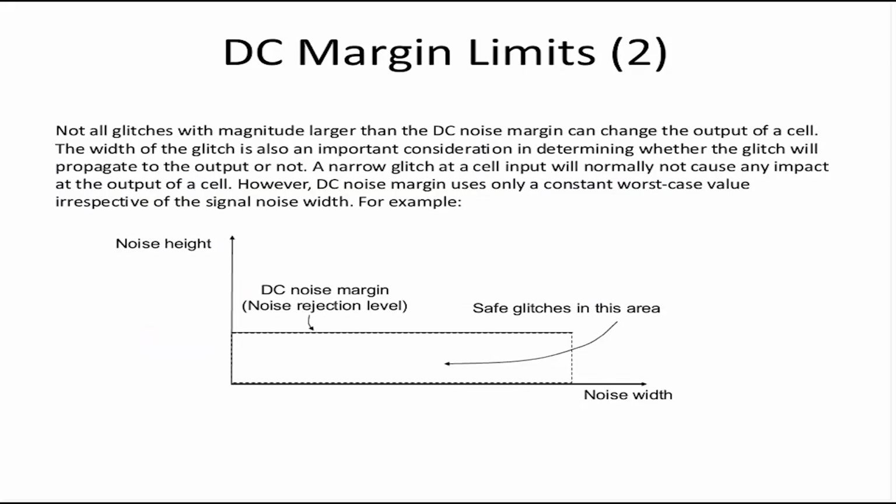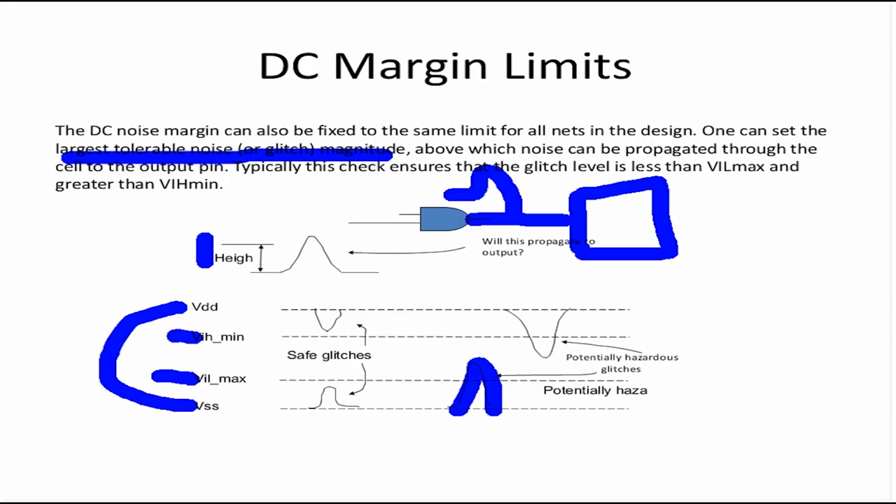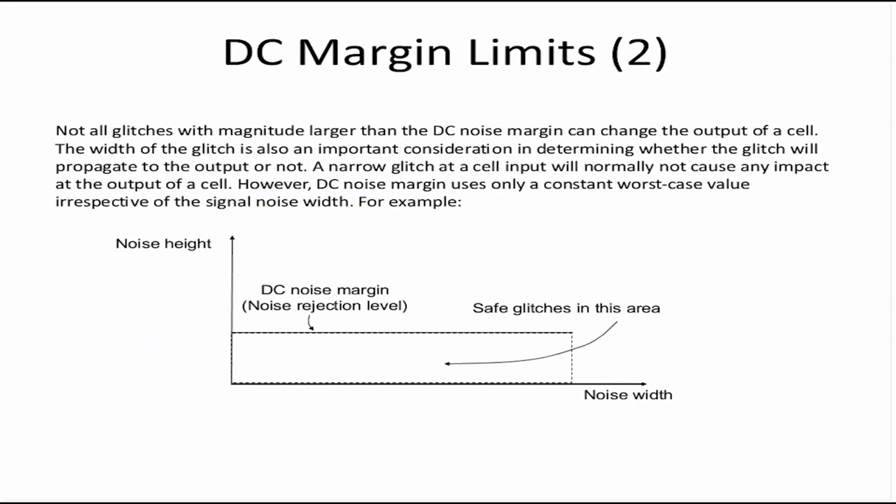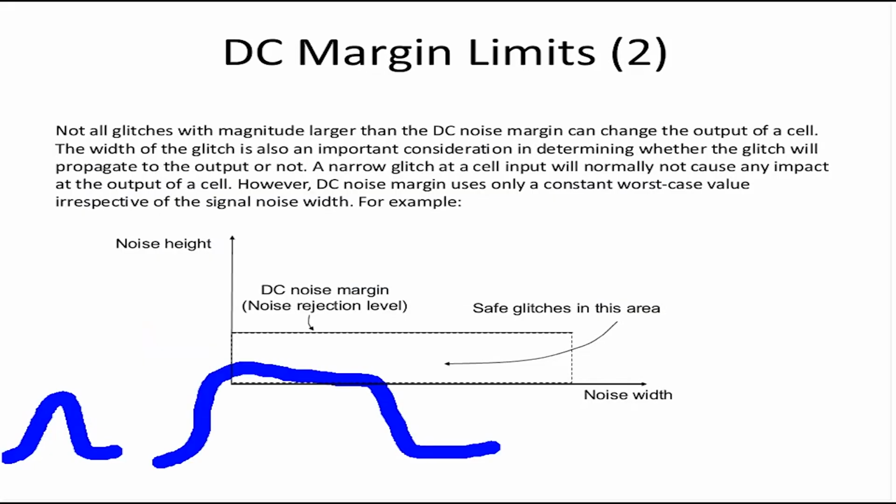Now, not all glitches with magnitude greater than the DC noise margin can change the output of the cell. The width is also important. That means if the glitch is a very narrow bump that goes away very quickly, it may not matter.